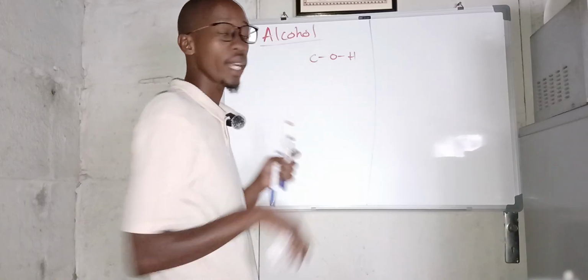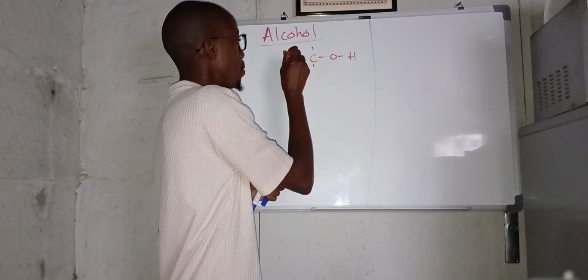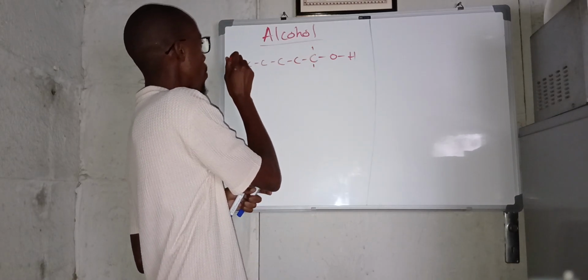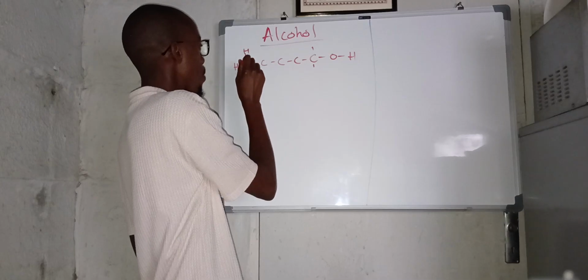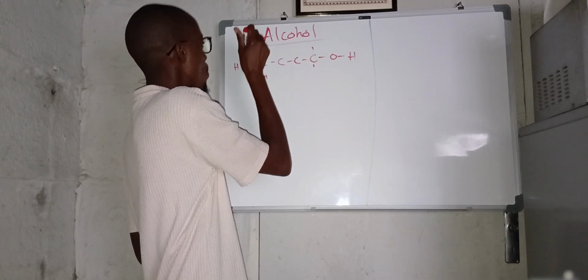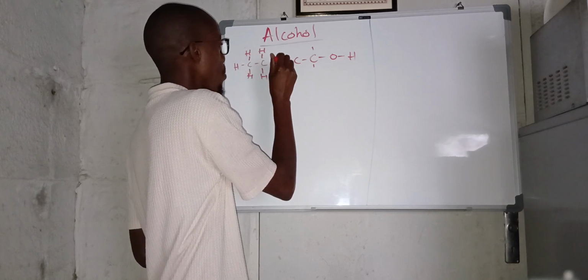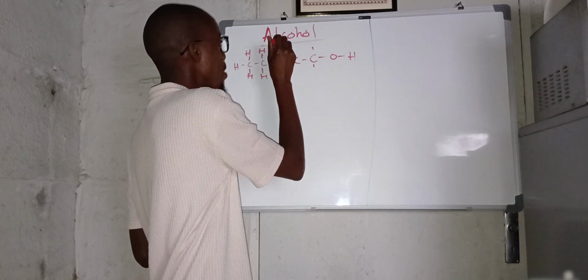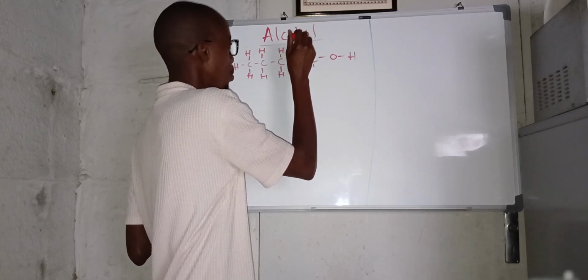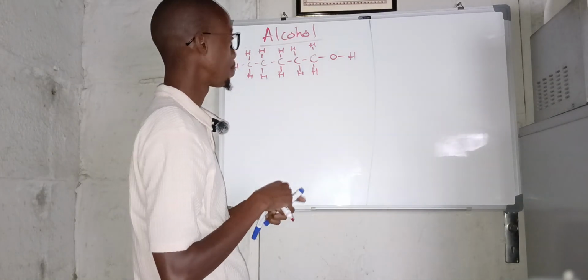Do the one I just showed you above. Make sure all your bonds are visible so that we do not have to guess if that is a hydrogen or what. So make sure they are all visible.